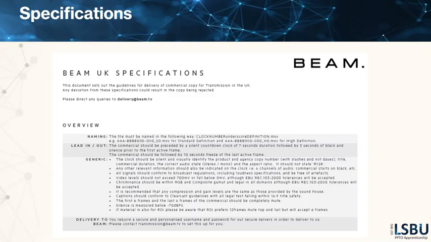All video signals should conform to broadcast regulations, including loudness specifications, and be free of artifacts. Video levels should not exceed 700 millivolts or fall below 0 millivolts. We do cover this in video levels, although EBU Rec 103 tolerances will be accepted.